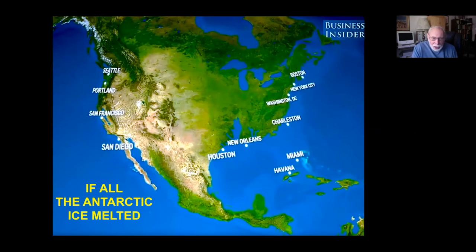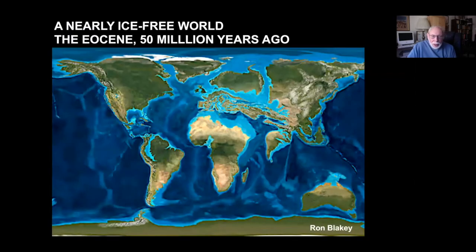And many, perhaps most of our coastal cities would be well underwater. And it happened about 50 million years ago. This is a reconstruction of what the world might have looked like 50 million years ago. And again, you can see most of the coastal areas that are occupied today are flooded at that time.